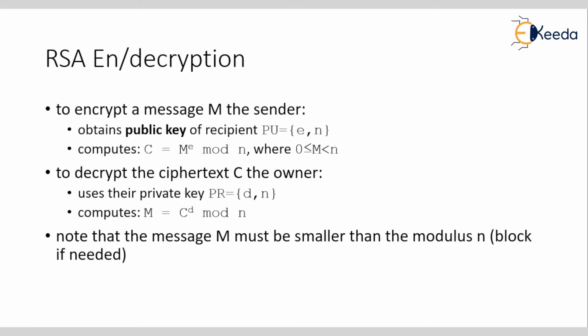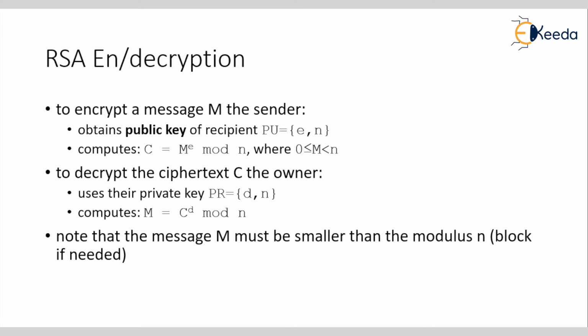Now let us begin with how RSA encryption and decryption take place. To encrypt a plain text message M, the sender has to obtain the public key of the recipient, for which we compute the value of N, which then gives you PU.